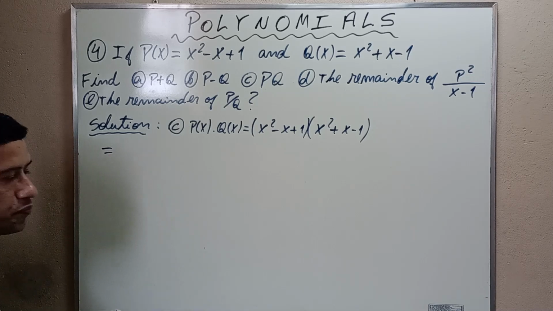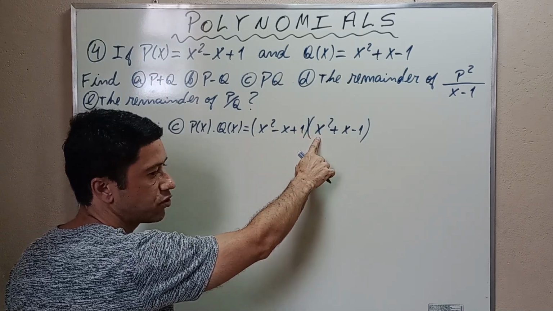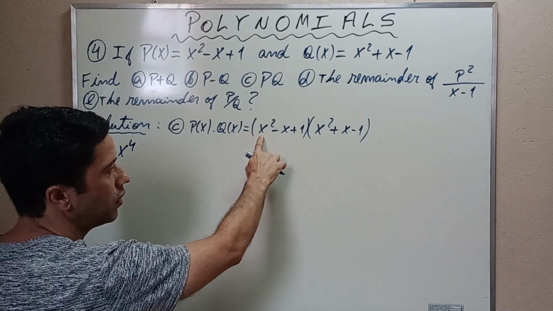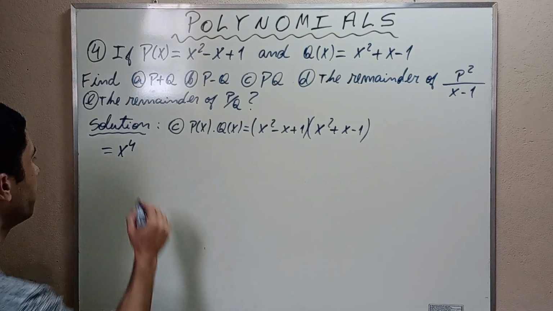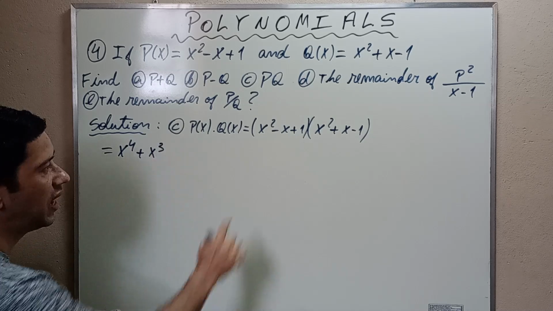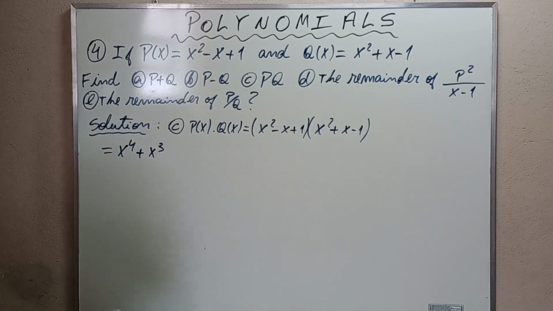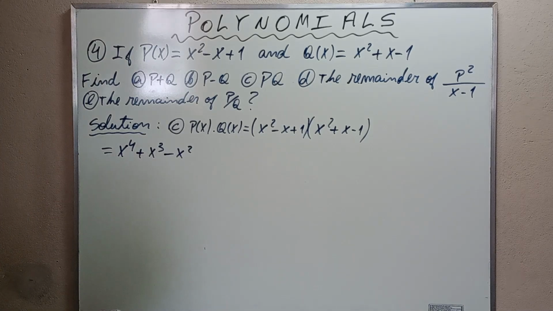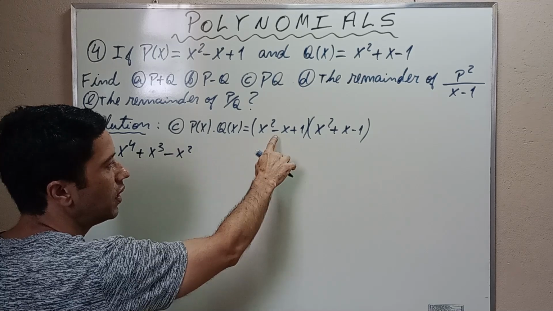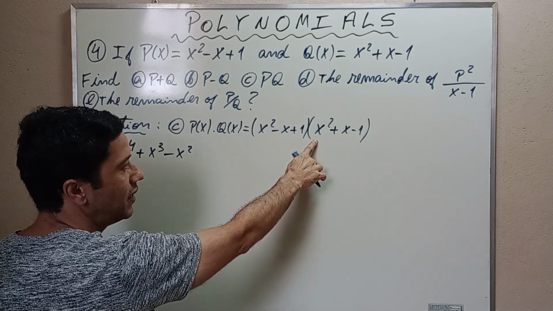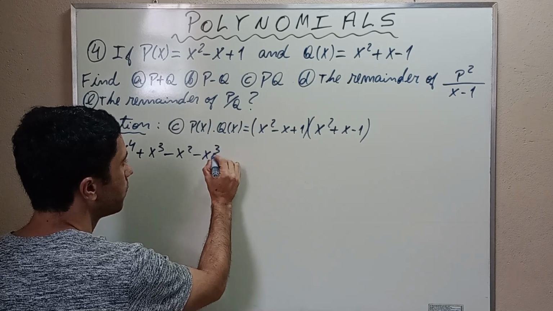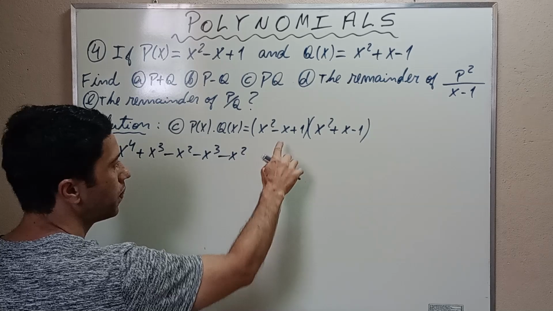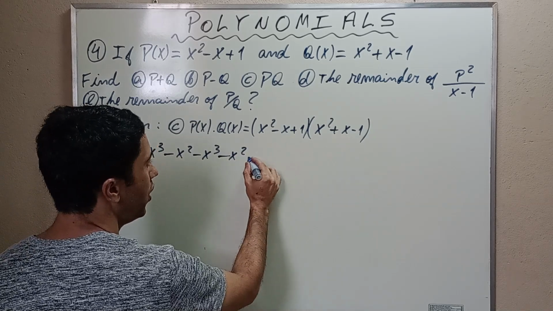Then it is going to become x squared times x squared, x to the fourth, x squared times x is x cubed, x squared times negative 1, negative x squared, now we move on to this term, negative x times x squared, negative x cubed, negative x times positive x is negative x squared, negative x times negative 1 is positive x.